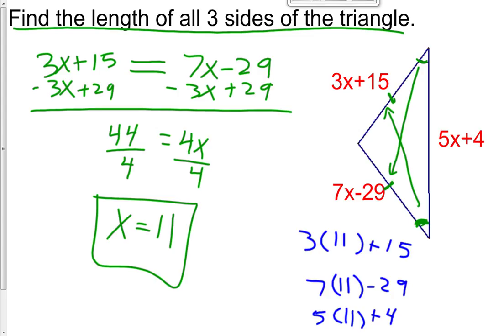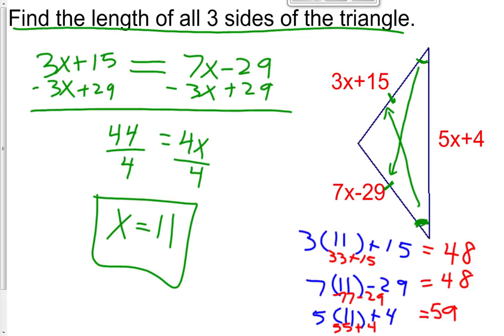So our three lengths are 3 times 11, 33 plus 15 is 48. Another side is 77 minus 29. 77 minus 29 is also 48, and that makes sense because those are the two legs of our isosceles triangle, which they should be congruent. And our last one is 55 plus 4 is 59.